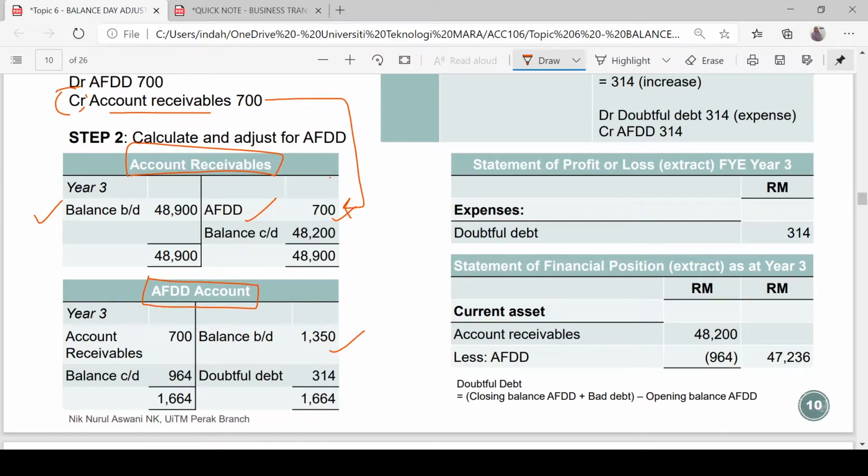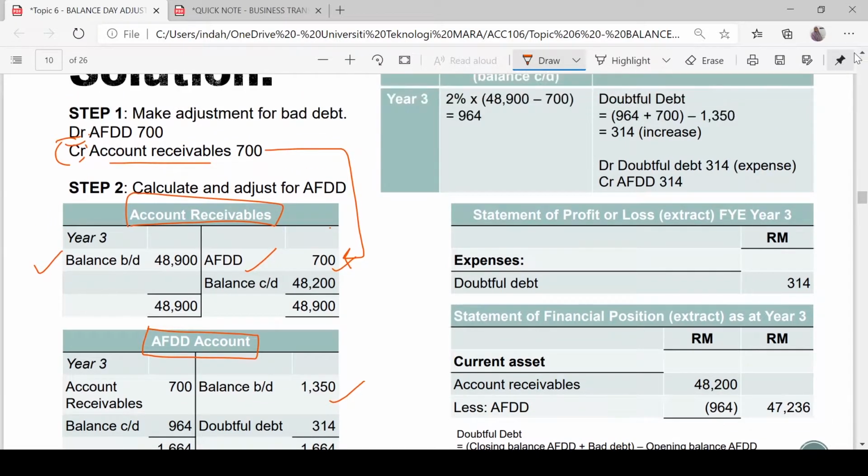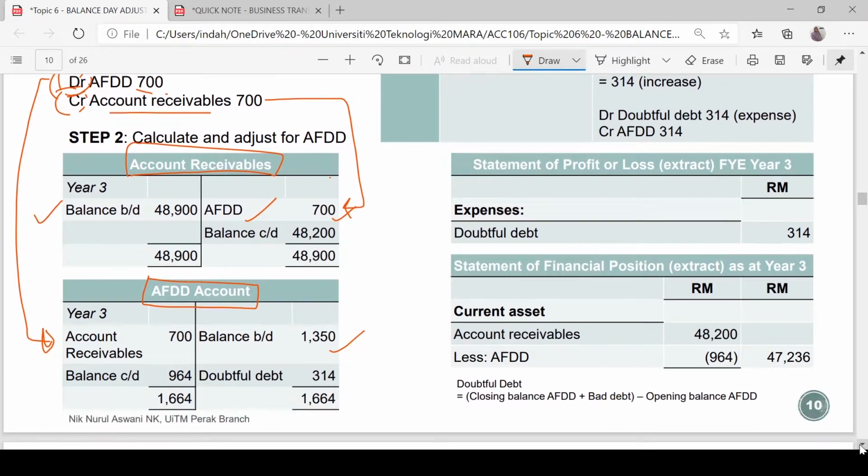Then you debit AFDD by 700 when you prepare the adjustment for bad debts. So this 700 you show here, account receivable 700 in AFDD.